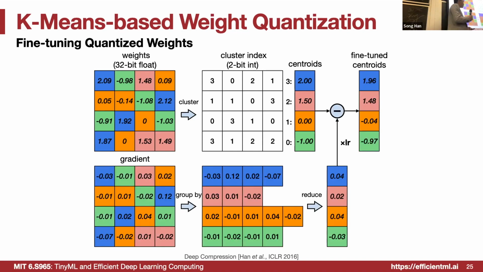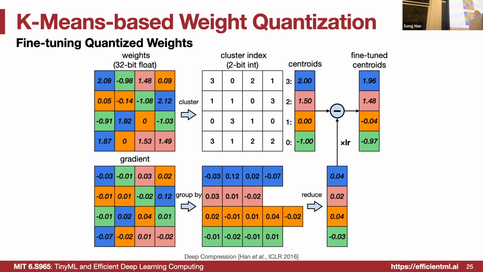So how do we train to fine-tune the model if the weights are shared in such a manner? We get the gradients out of this weight matrix. These are the gradients corresponding to the same pattern. Then we group them by their indices, group them by color, and sum them up together.